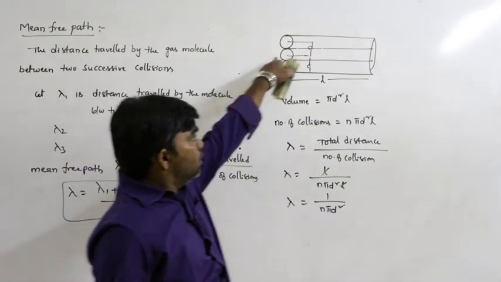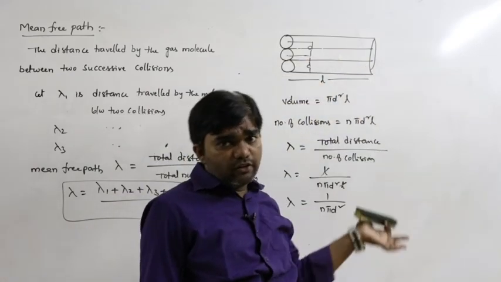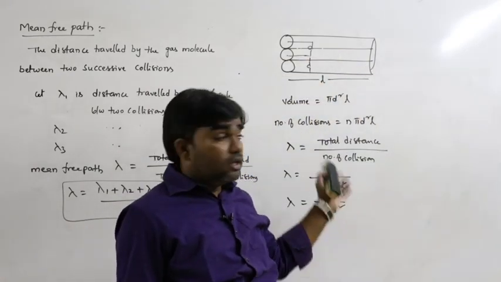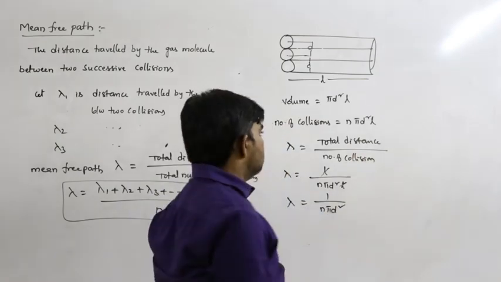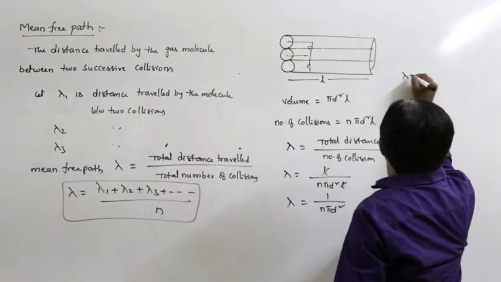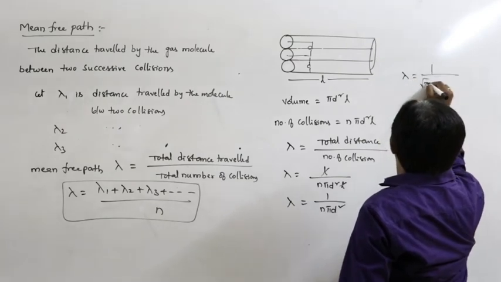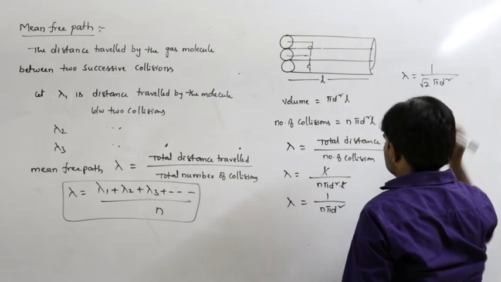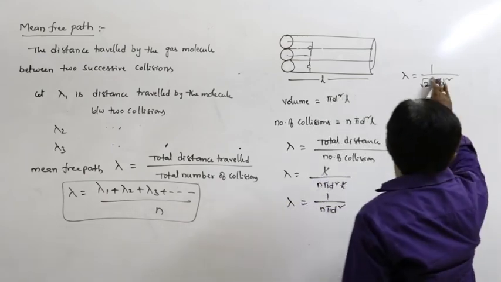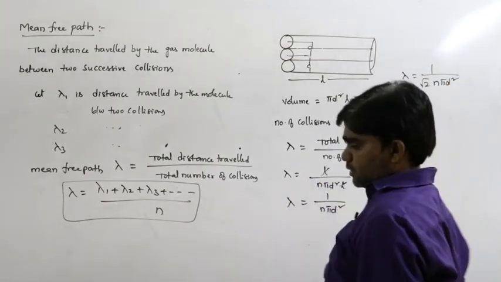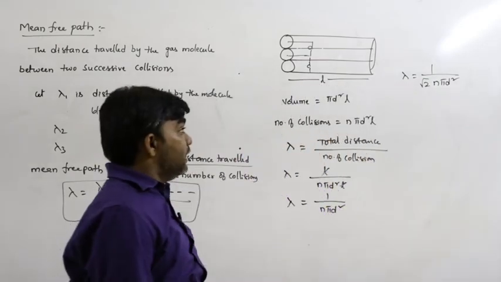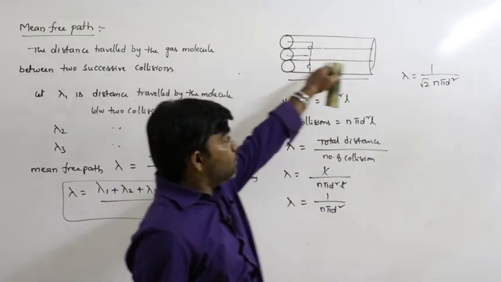Here I am considering only one direction. Maybe it travels in different directions also. In one direction it is maximum, but it travels in other directions as well. Then lambda is equal to 1 by root 2 n pi d square, where n is the number of molecules in this volume.